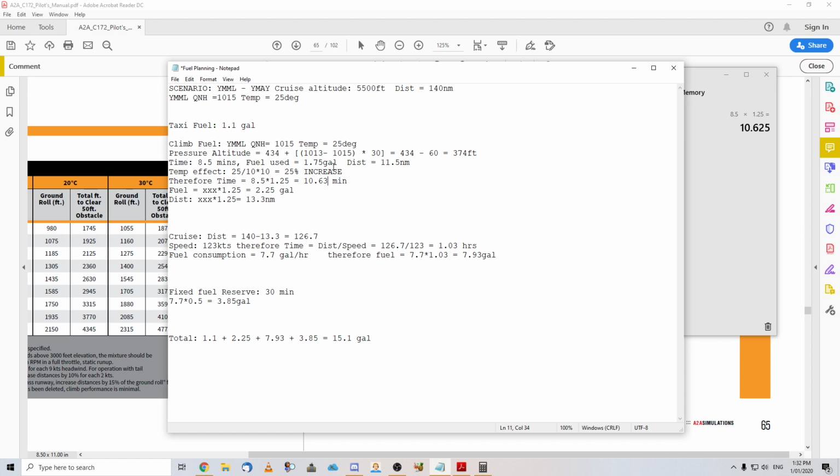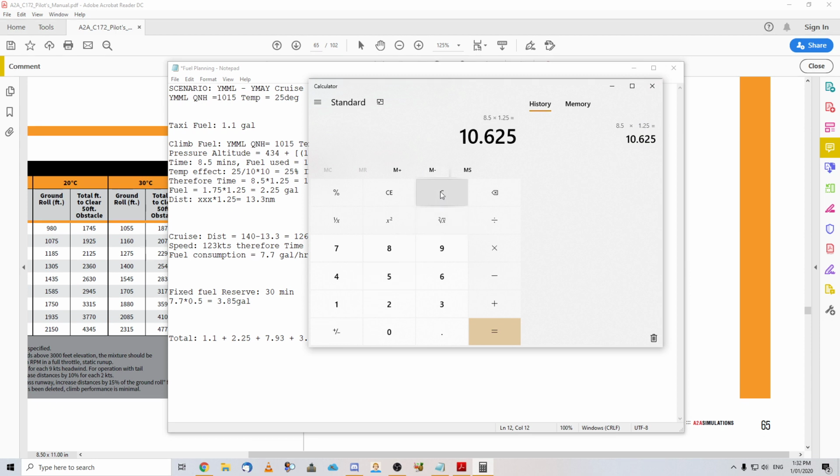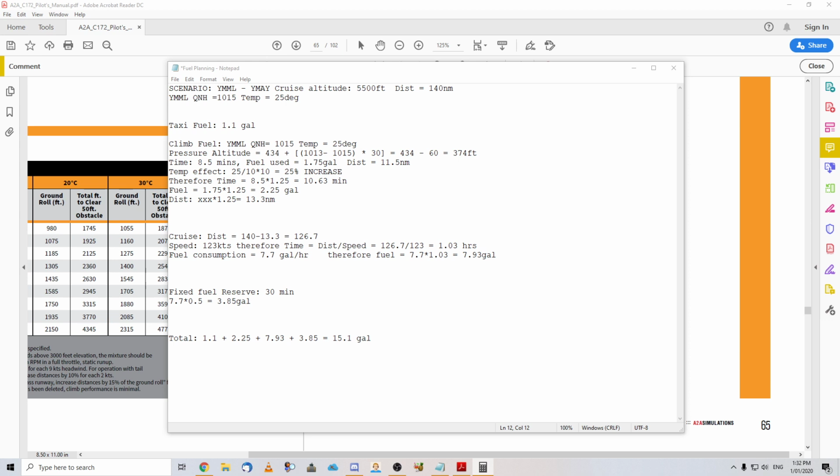The fuel used is going to be 1.75 times 25%. Roughly 2.2.